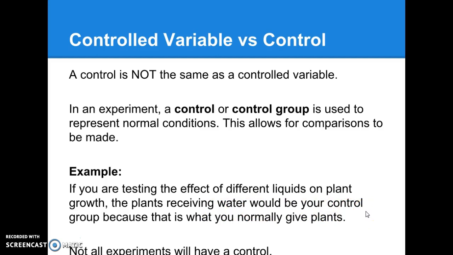And then you could go on and test soda or orange juice or milk or whatever. So the control group is the group that is under normal conditions. Whatever that typically receives is what you'll have. And it's important to remember that not all experiments are going to have a control.